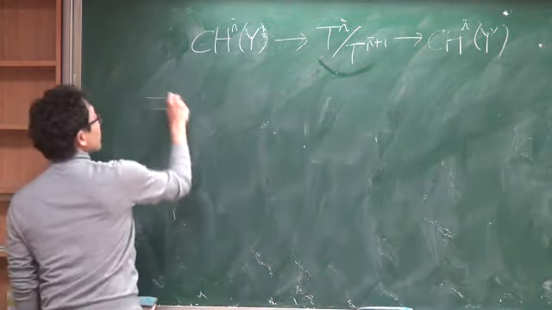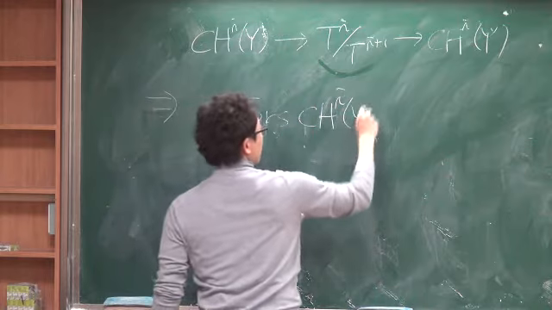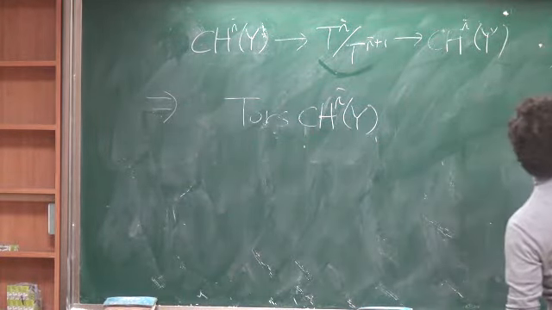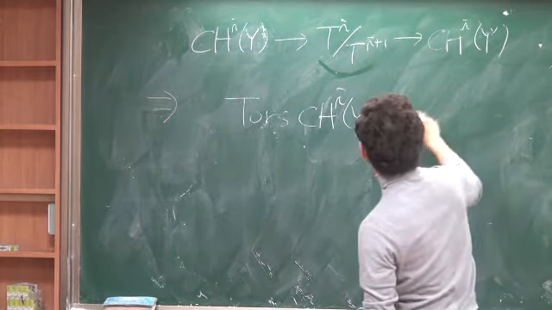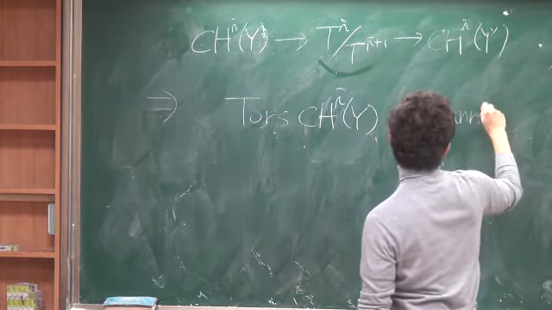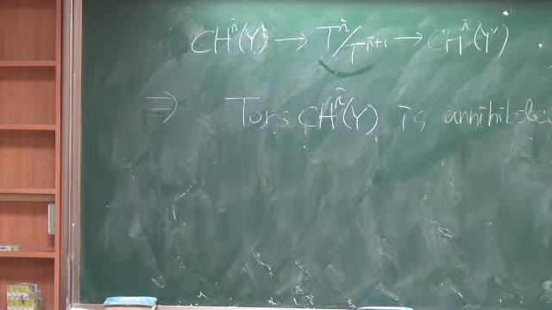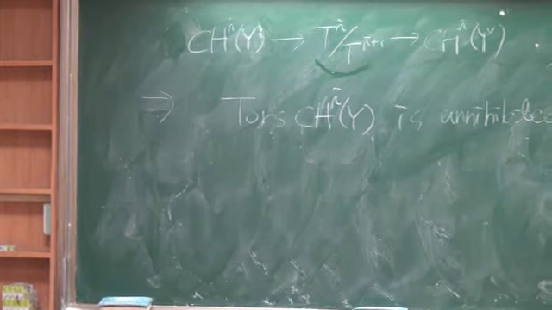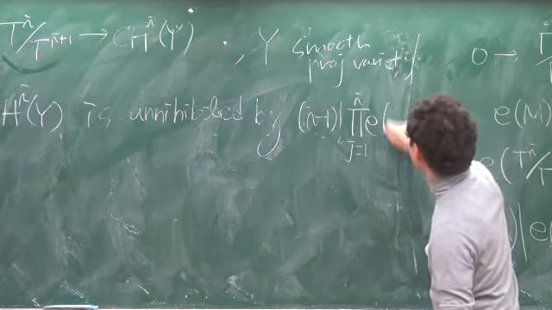So the torsion subgroup of CH of Y, where Y is any smooth projective variety, is annihilated by this times (i minus 1) factorial, times the product of the exponents of the gamma filtrations.